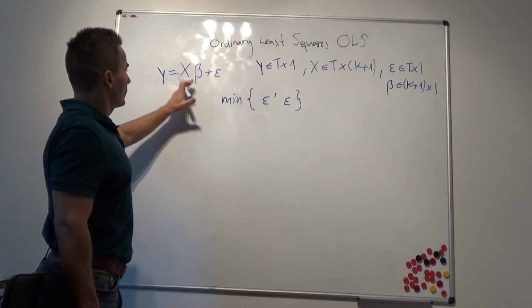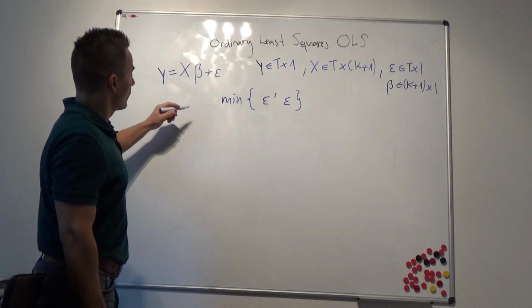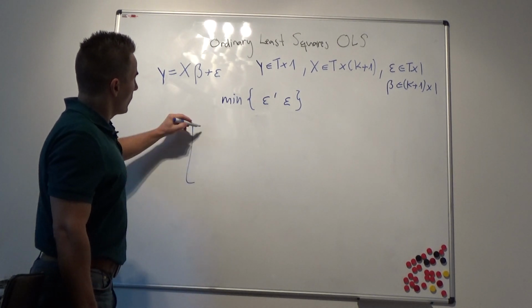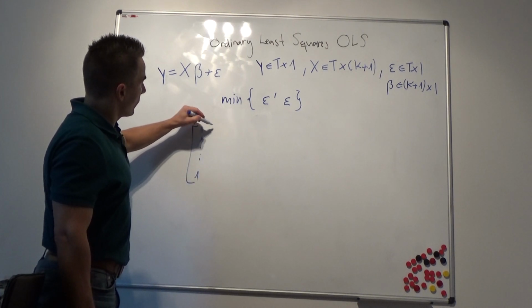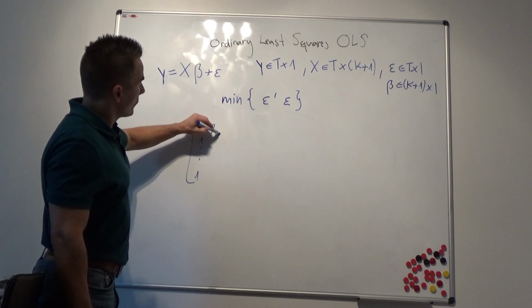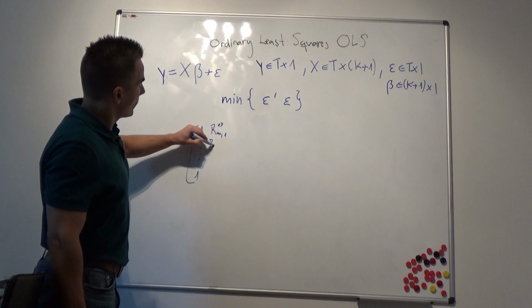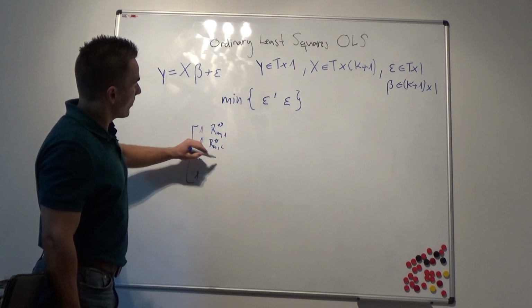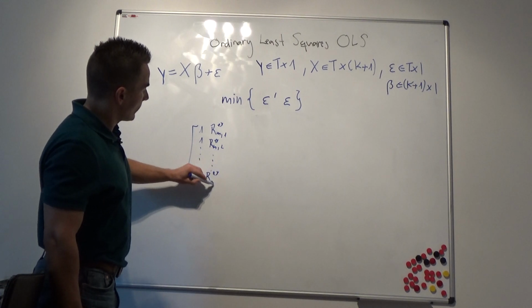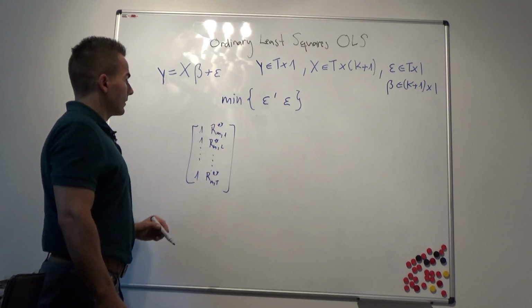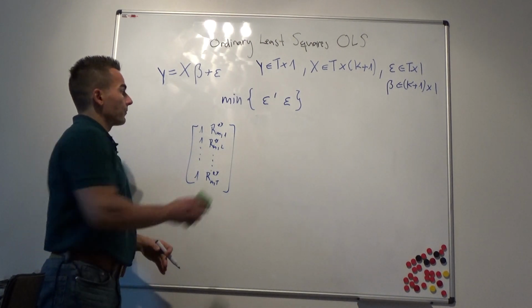And our X matrix consists of our regressors, of our risk factors. In the capital asset pricing model, as we spoke about, we have here a vector of ones, and in the second column we have the excess market returns at time 1, time 2, and here the last one, the excess market returns at time capital T. So that's how our X matrix would look like in the case of the CAPM.